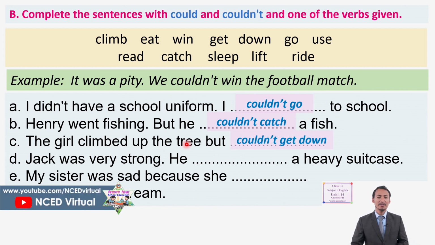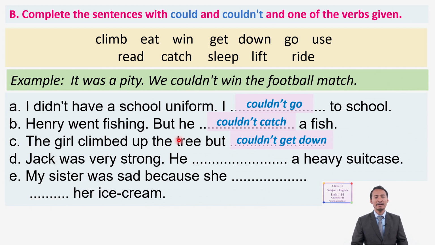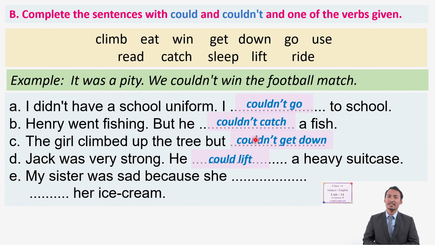The girl climbed up the tree but couldn't get down. Jack was very strong. He was very strong means he could lift the heavy suitcase. So you should say he could lift the heavy suitcase.